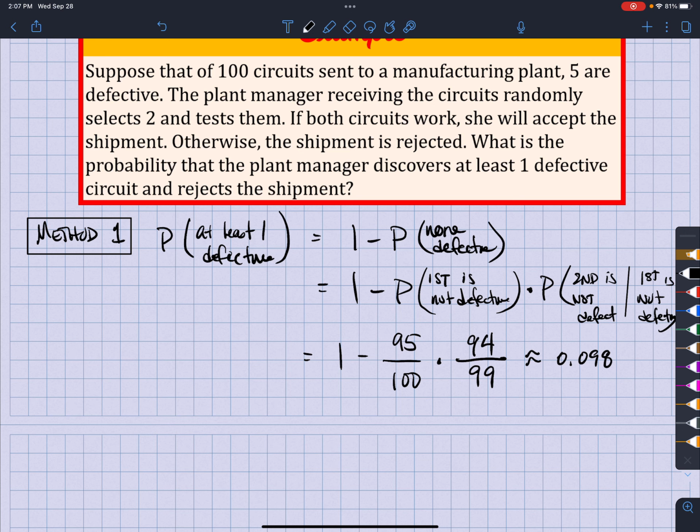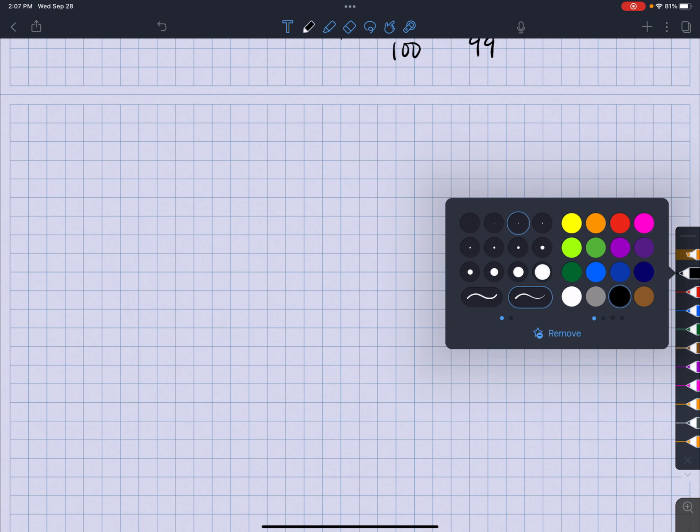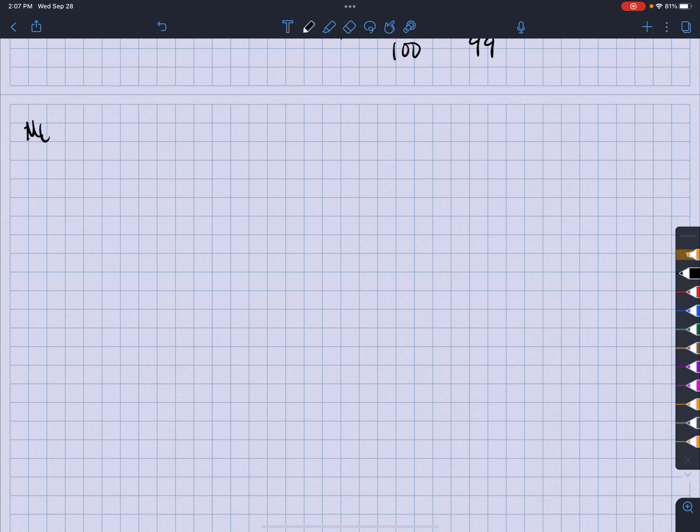Okay. All right. What is the second method? So you want to know method 2. Method 2 is kind of like a classical method that I like to look at. And saying, okay, what if we were to look at just the outcomes, right? You're going to pick 2.